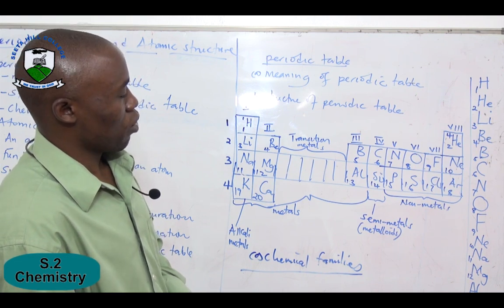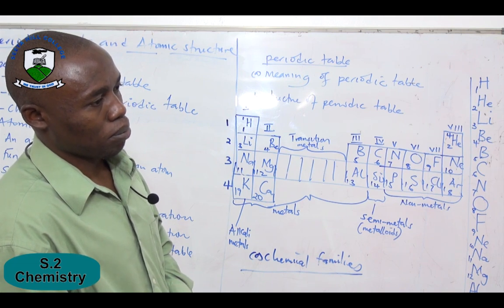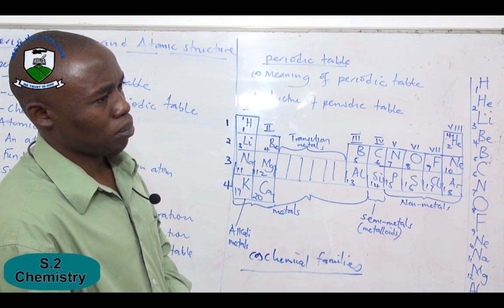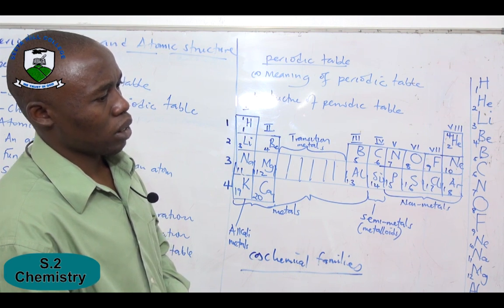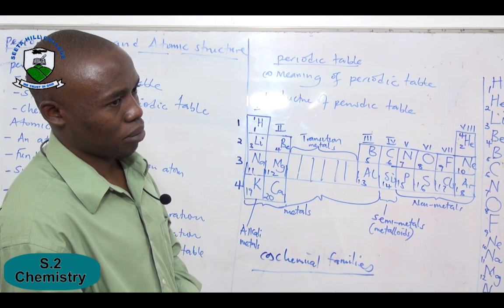What is the reason for grouping them? Similarity in chemical properties. Do we understand when we say chemical properties? We mean when we conduct a chemical change like burning in air.